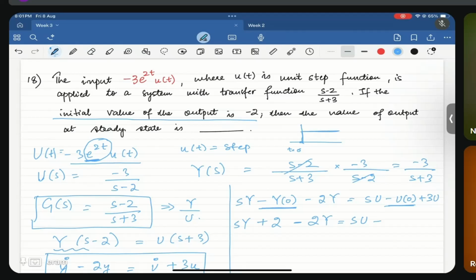But in this case, at t equals 0, it is 3 minus 3 e to the power minus 2t u(t). So at t equals 0 minus, it was 0. At t equals 0, it is -3. So you can take the value at t equals 0 minus as 0 and at t equals 0 it is -3. You can take any one of these values, the answer will be the same. Okay, so in this case, let's take at t equals 0 it is -3, so it is +3, right? And 3U.